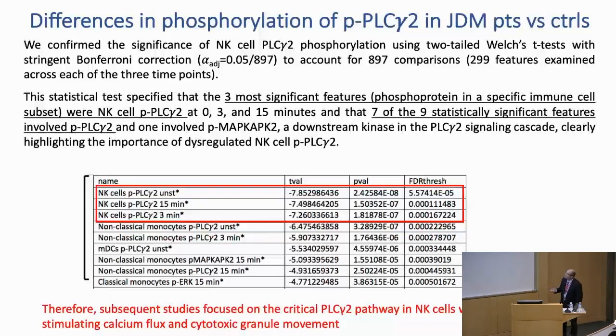And another one is MAPKAP K2, which is downstream from PLC gamma 2. So this really highlights the importance of dysregulated PLC gamma 2 signaling in NK cells in this disease. And therefore, for the rest of this talk, I'm really going to focus just on the NK cell work to see if this makes a functional difference.